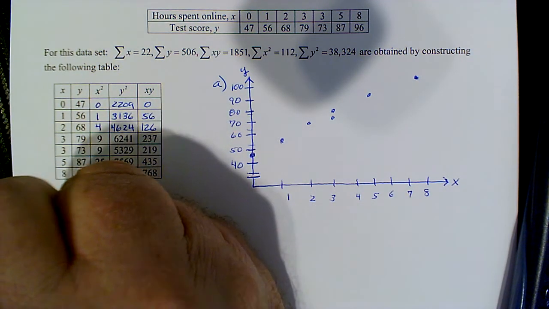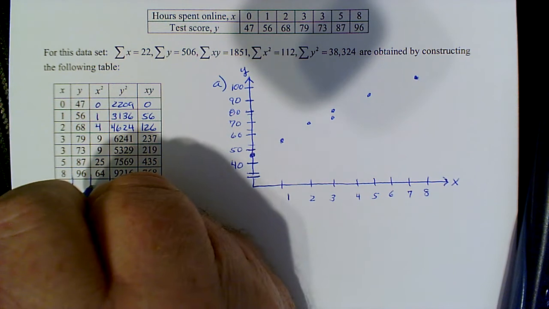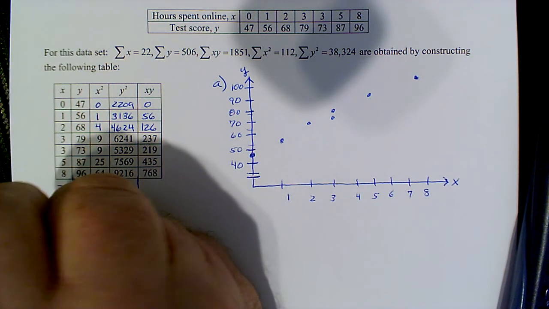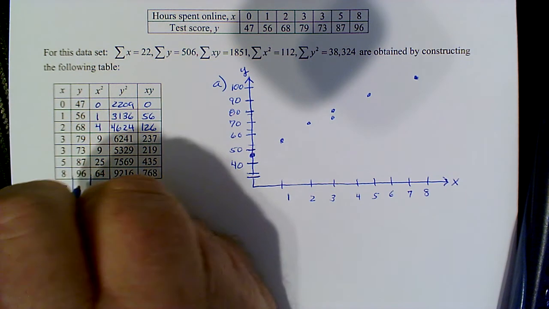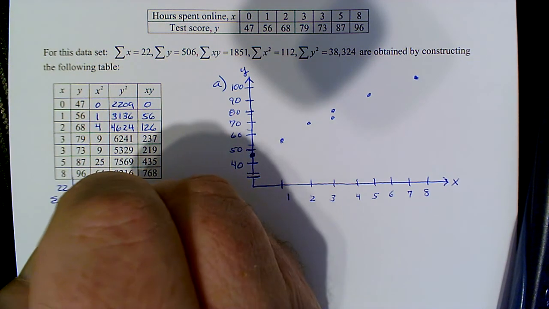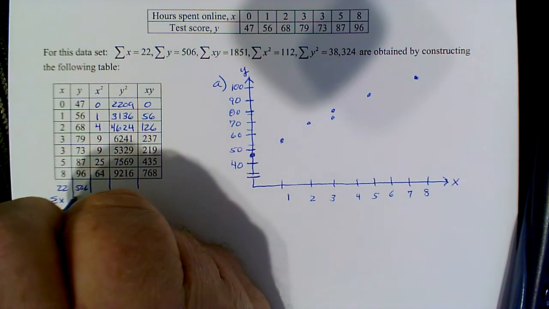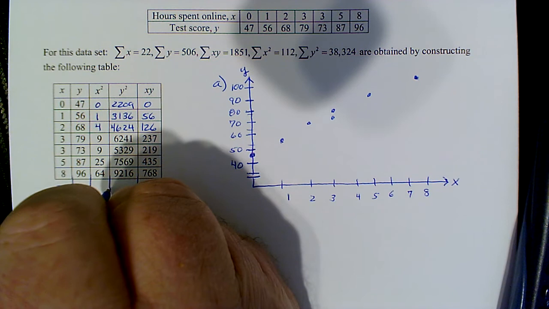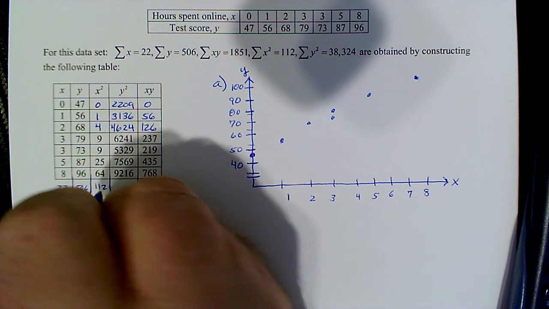Alright, so then you add these columns. If you add the first column, you get 22. That represents the sum of the x's. You add the second column, you get 506. That represents the sum of the y's. You add the third column, you get 112.